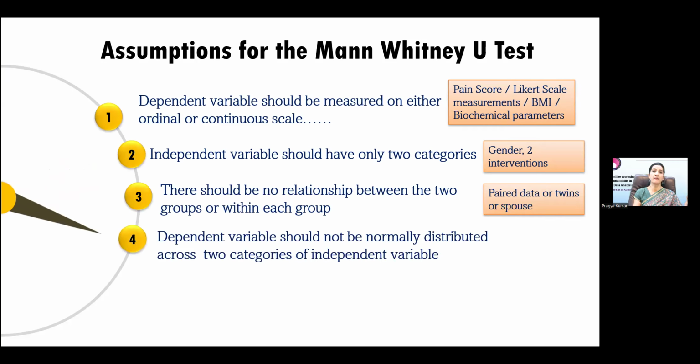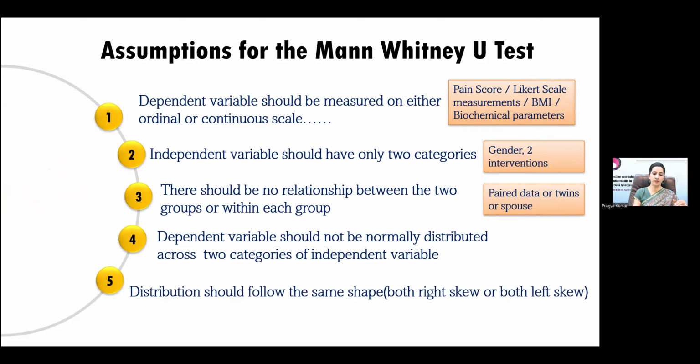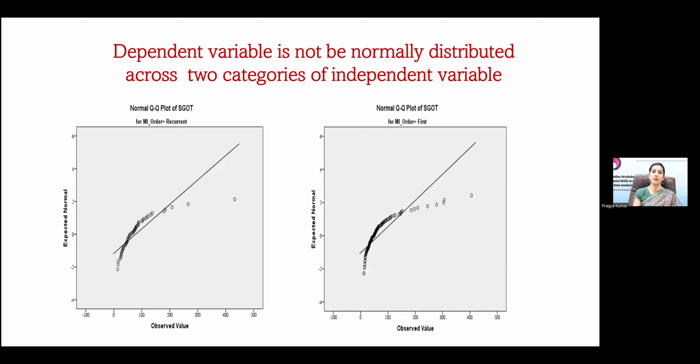If the dependent variable is not normally distributed across the two categories of the independent variable, then we go with this type of test. And the distribution should follow the same shape, both right or left skewed. But if the distribution is following the same shape, you can go ahead with the independent sample t-test also.